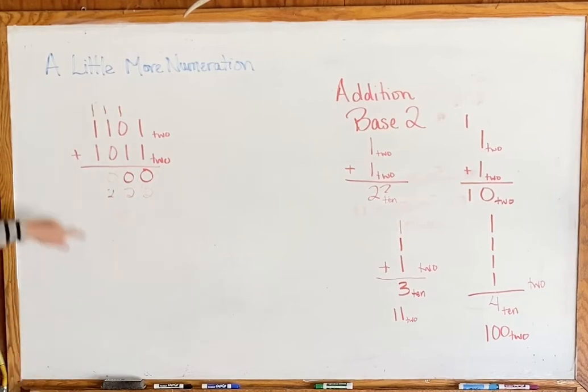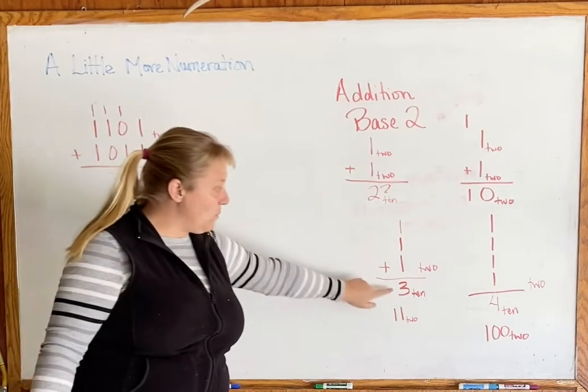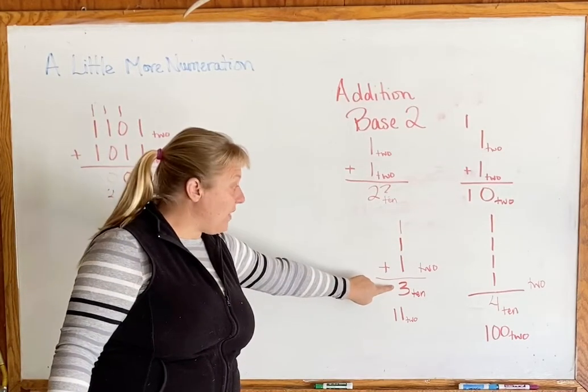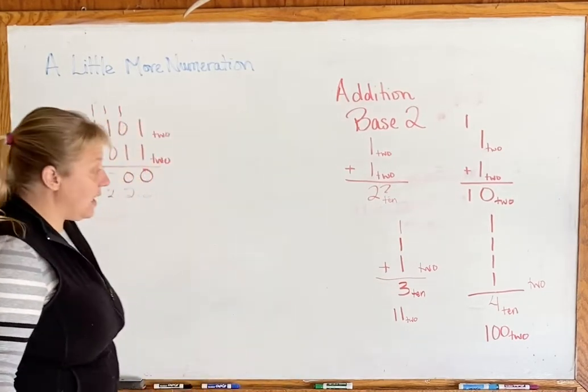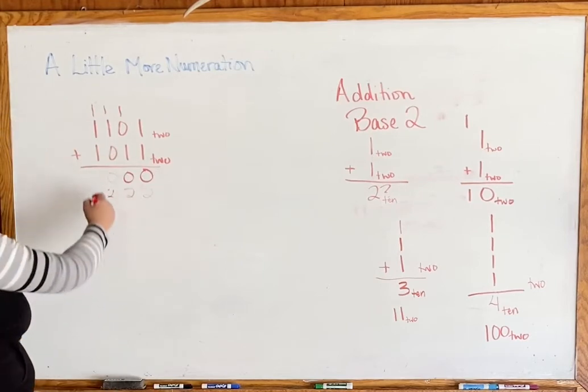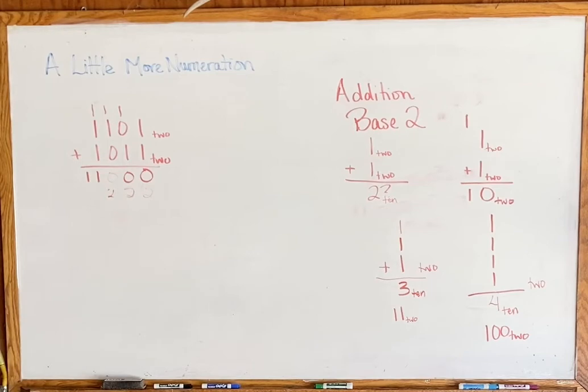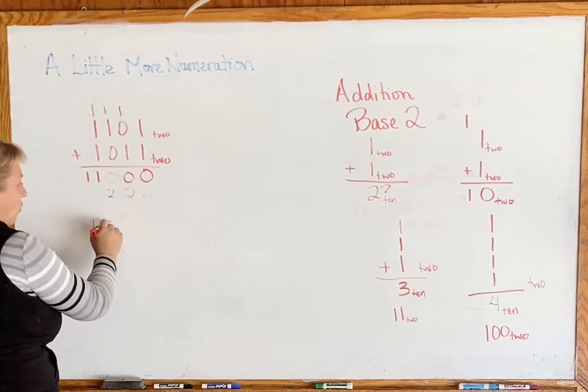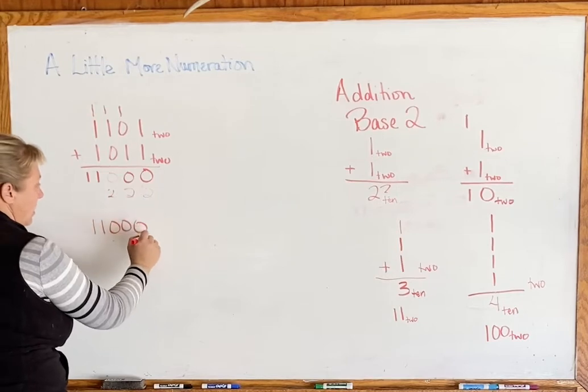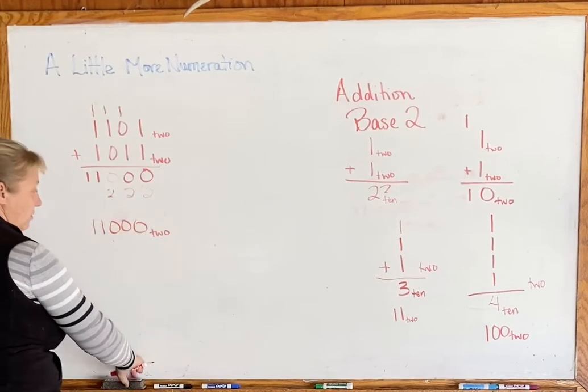Now here's the last part here. 1 plus 1 plus 1 would be 3. But 3 in base 2 is 1, 1, isn't it? So when we add here, we get 1, 1, 0, 0, 0 in base 2.